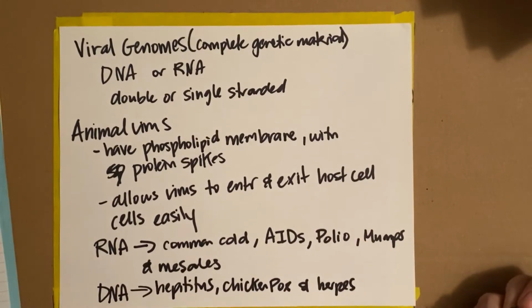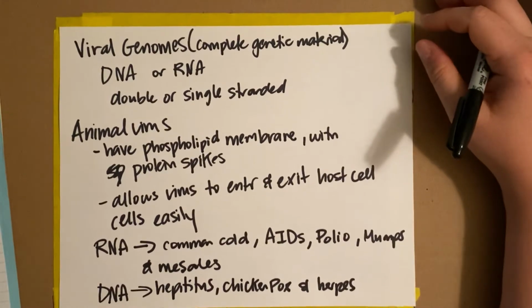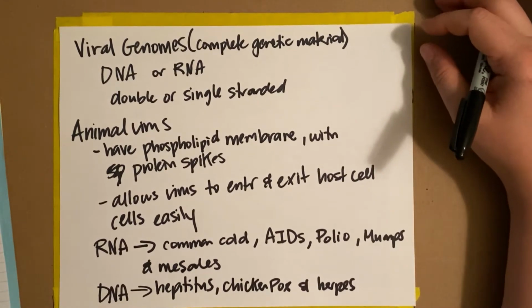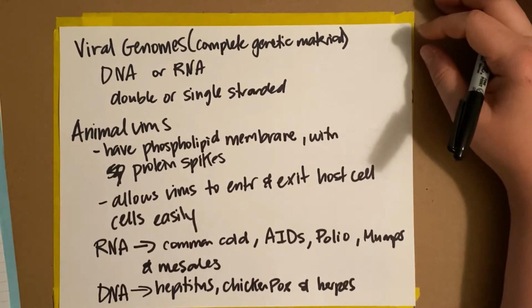Now, the problem with viruses is that you can't use antibiotics against them, because antibiotics are for bacteria. Viruses do not respond to them. So if you have a viral infection, they can't just give you penicillin or amoxicillin or any of those, because it won't do anything. The only way to protect against viruses is to have vaccinations.